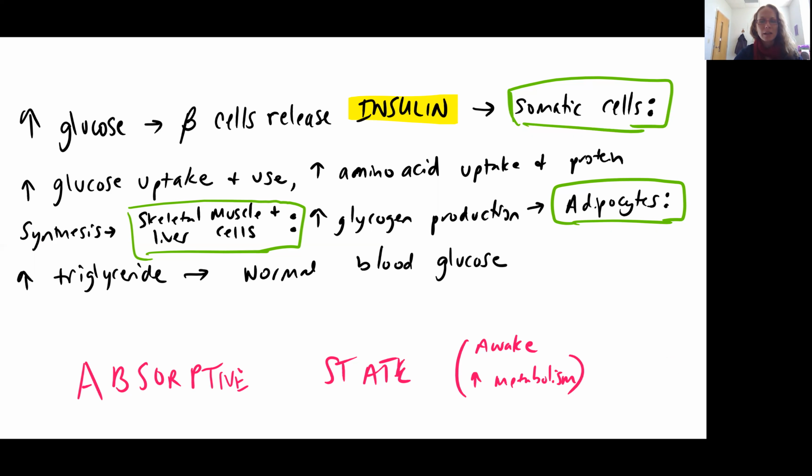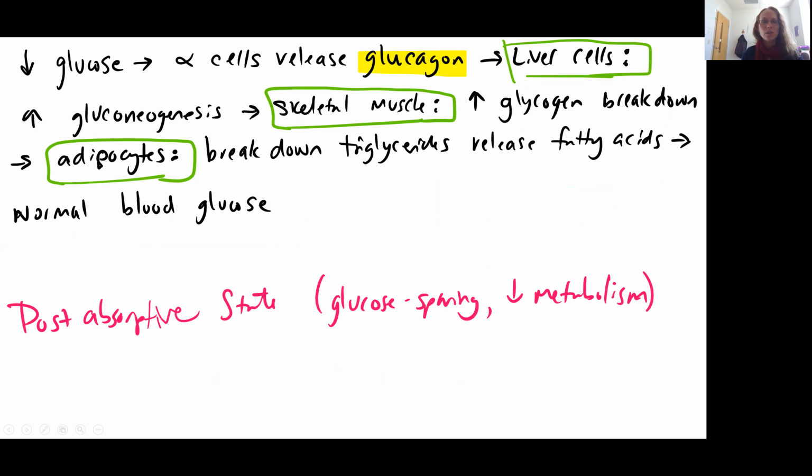Looking at the flip side of things, when our glucose levels are too low, we have our alpha cells of our pancreas releasing glucagon. Glucagon is responsible for all these glucose-sparing activities that we've talked about before. Liver cells can actually make more glucose. So they're going to do what's called gluconeogenesis, taking amino acids and lipids and using that to make glucose.